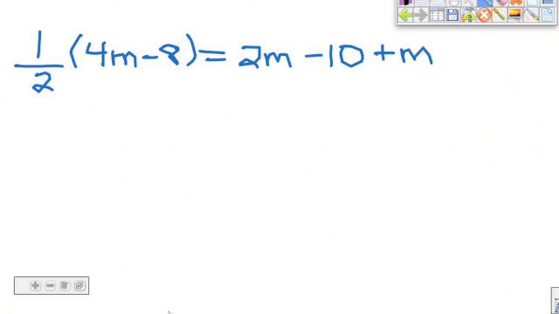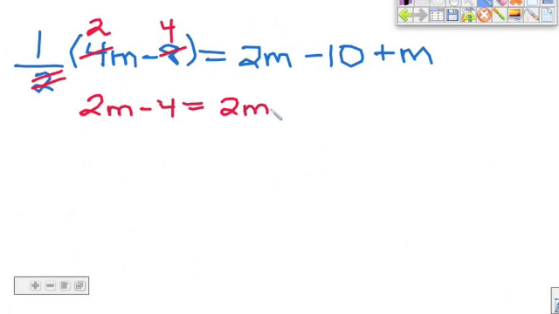Let's work this out. First of all, fractions just mean to divide. 2 goes into 4 2 times, and 2 goes into 8 4 times. So now that's all done. This drops down as 2m minus 4 equals 2m minus 10 plus m.